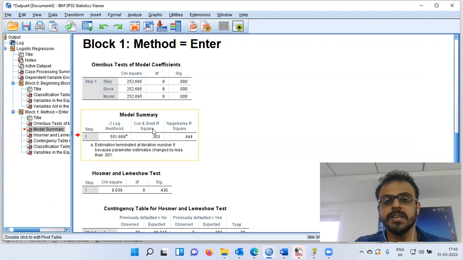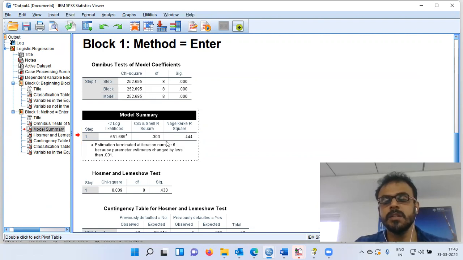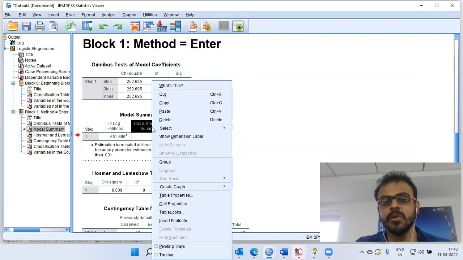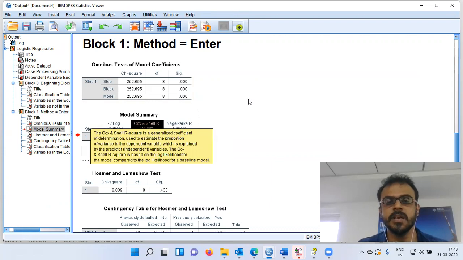Now, what I'll do is I'll just double click on the model summary output, select Cox and Snell R square, right click on this and choose the very first option which says, what is this? You can see here, SPSS is very, very user friendly. It gives you a description of what is this Cox and Snell R square. As you can read from the description, this is a generalized coefficient of determination.